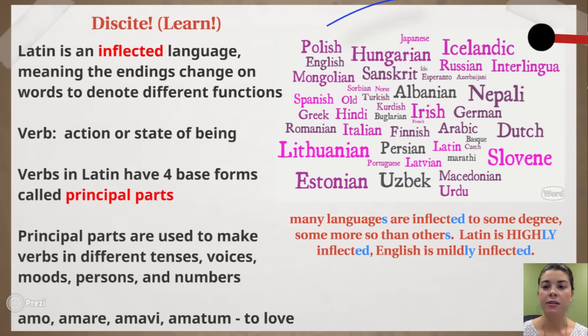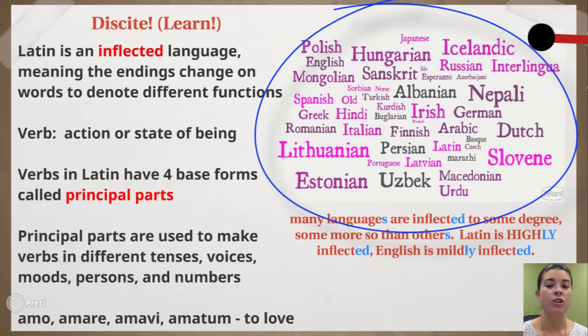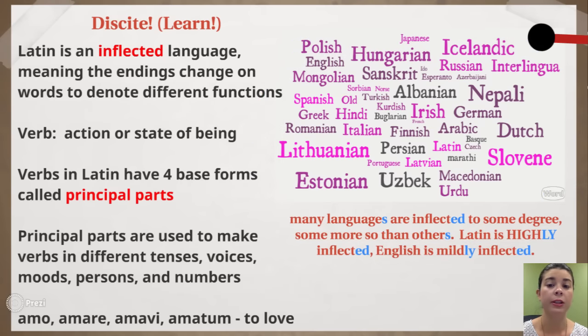Now take a look at our little graphic here. This is just to show you that many other languages are also inflected to some degree. So this is not something that is unique to Latin. In fact, it's used in quite a few other languages, including English. So Latin is, however, just a little bit more inflected than English is, but even so, you can see that English does have quite a bit of inflection.